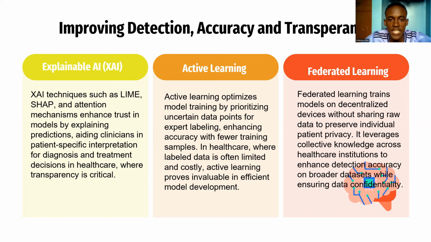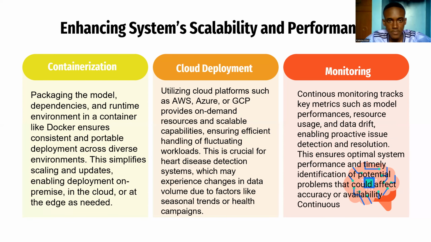There is active learning. Active learning optimizes model training by prioritizing uncertain data points for expert labeling. This enhances accuracy with fewer training samples. And there is federated learning. Federated learning trains models on decentralized devices without sharing raw data, to preserve patients' privacy.